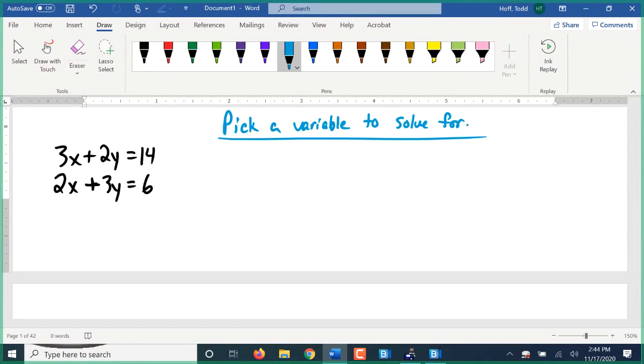Now to do that, we want to pick a variable that's not going to give us ugly fractions or decimals. So what do I mean? Well, let's look at this top equation here.